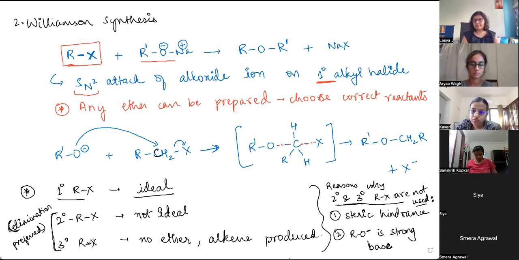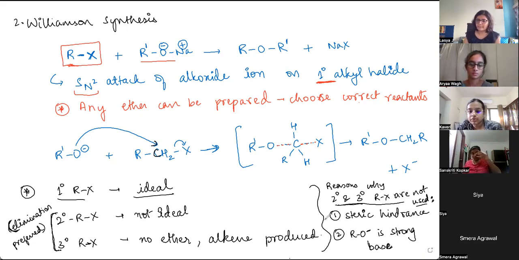It is capable of taking a hydrogen, taking an H plus, because it's a strong base. In that situation, it is behaving as a base rather than a nucleophile. When it attacks a carbon, it's a nucleophile. When it takes H plus, it's a Bronsted base, a proton acceptor. So that's what we're saying. RO minus is also a strong base.